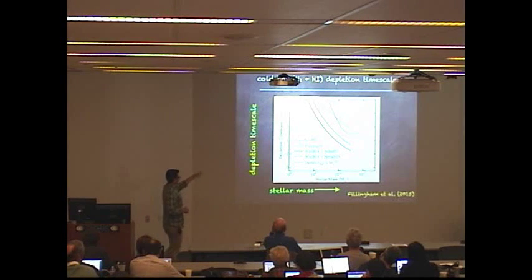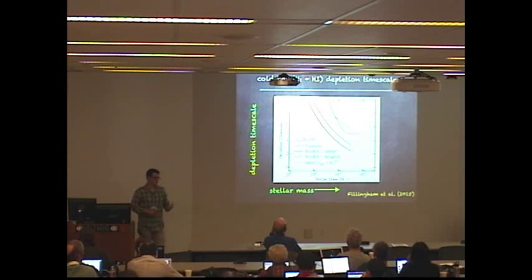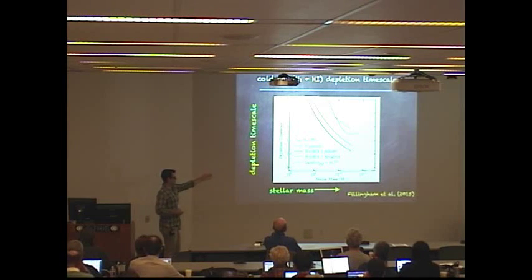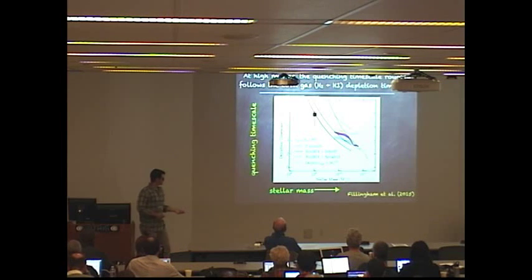Here we have plotted the depletion timescales as a function of stellar mass for 4 different models that utilize both H2 and H1 as the fuel for star formation. If the high mass trend is indeed consistent with starvation, then these depletion timescales should match up nicely with our measured quenching timescales. And lo and behold, they do.